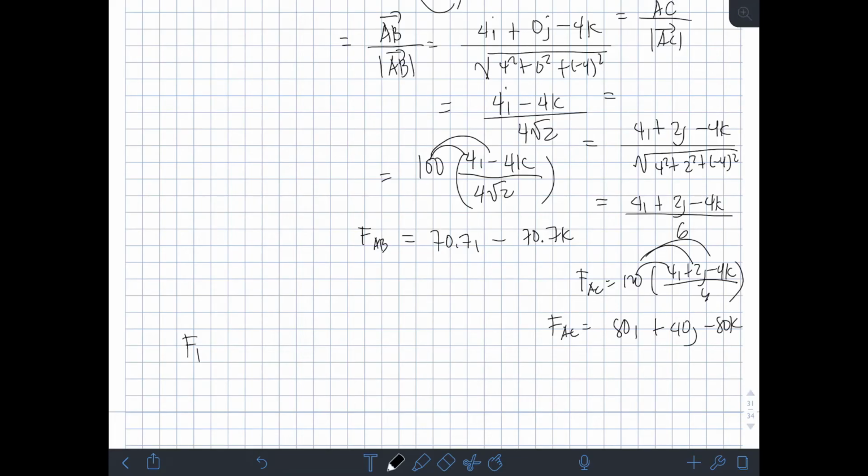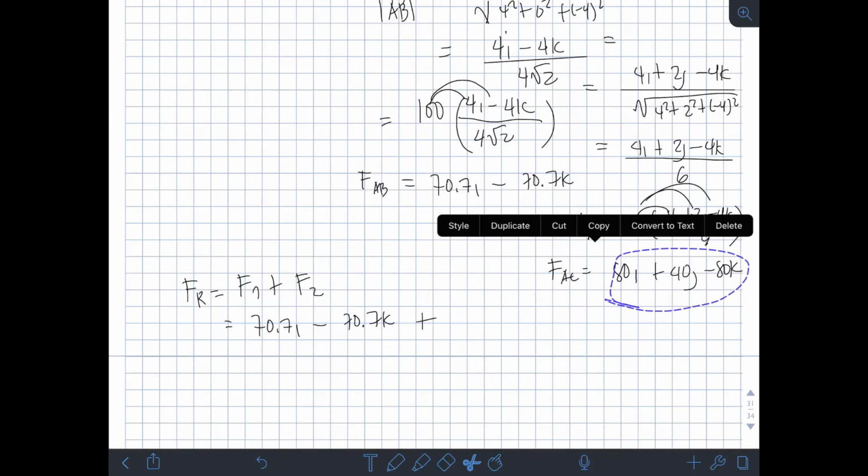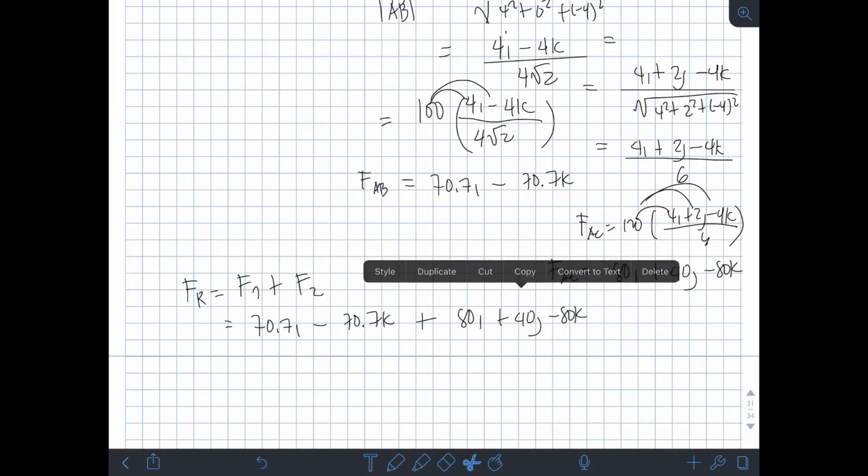Now we can get the resultant FR by adding these two Cartesian vectors, F1 plus F2. So, substitute: F1 is this, plus F2 is this.